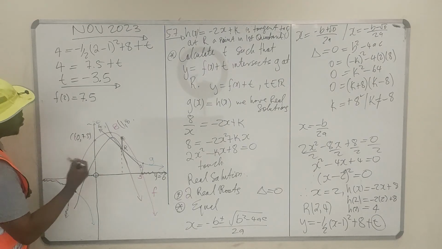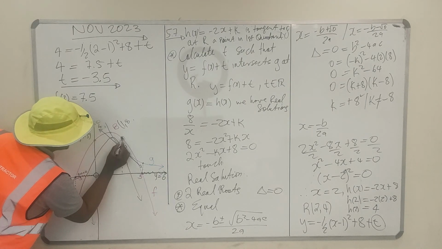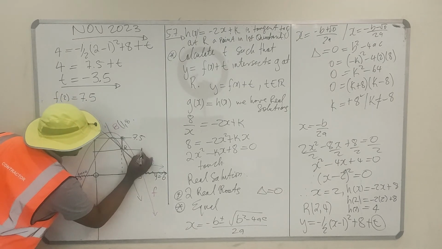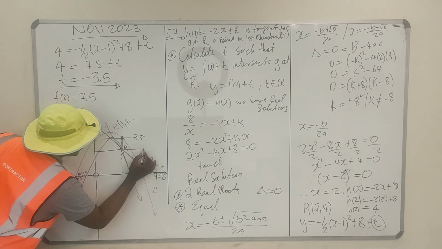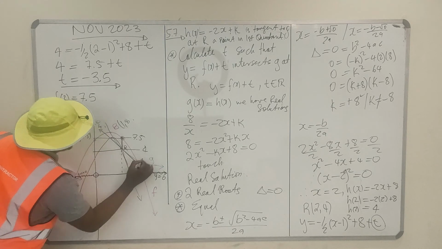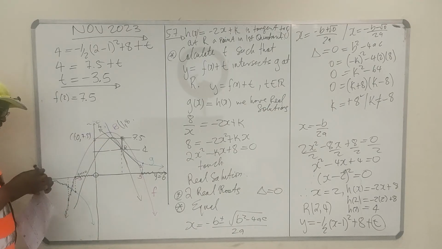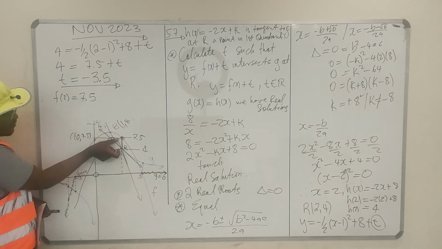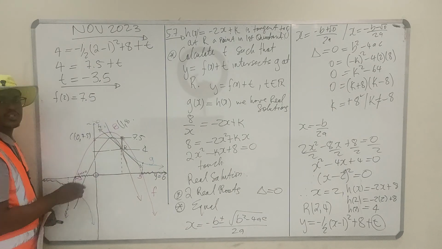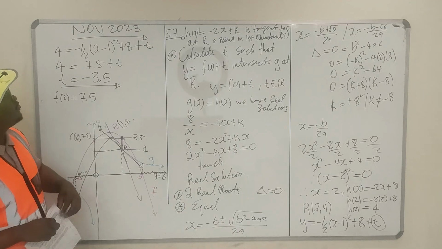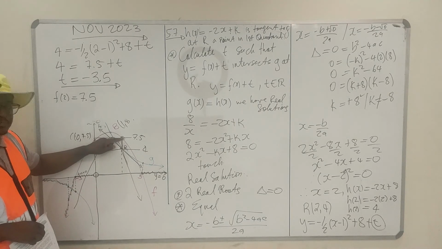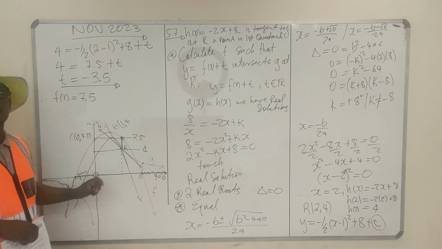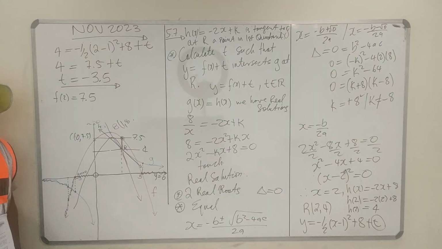So now you know that the y value here is 7.5, and the y value here is, what is it? It's 4. Then what's the difference here? It's 3.5 units. So if you want to move your original function from there to this point, you must add negative 3.5 units down. That's how you find the value of t.